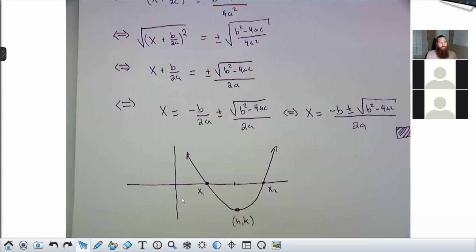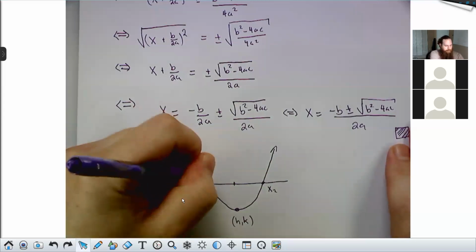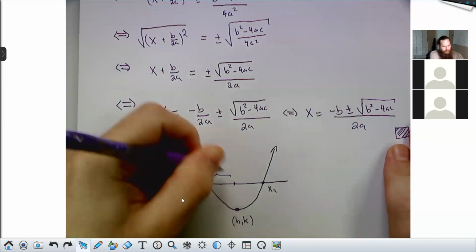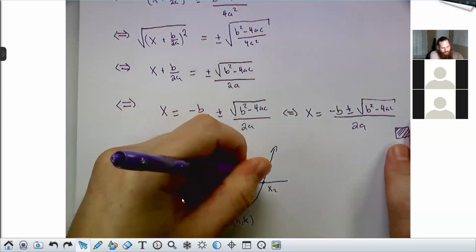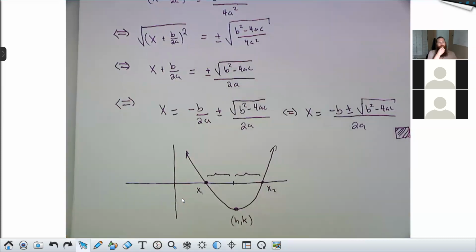It's symmetric about the vertex. In particular, this distance and this distance are the same.